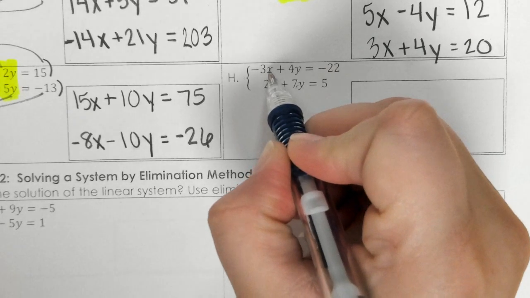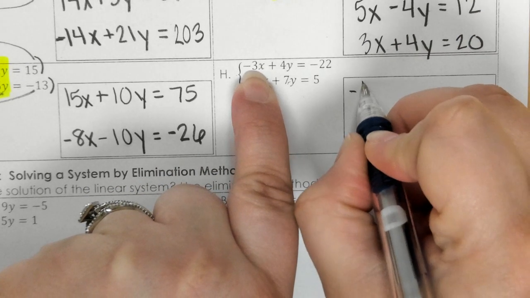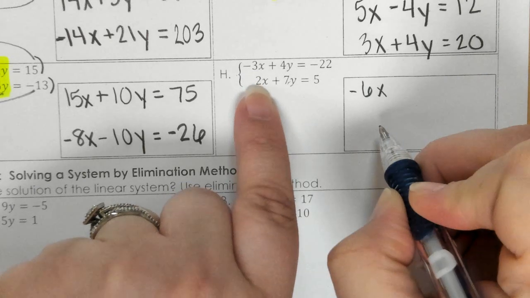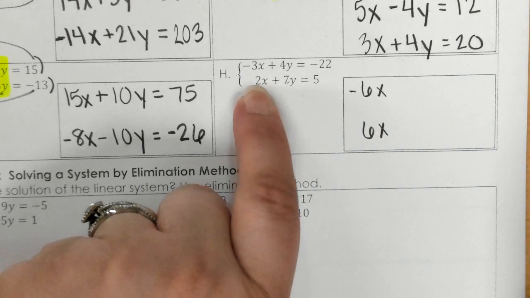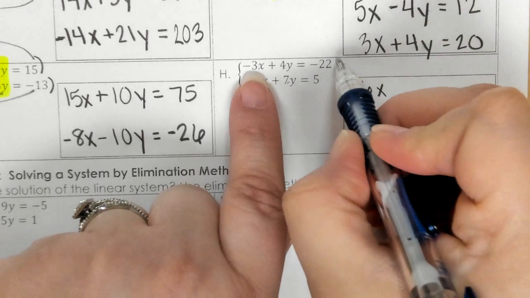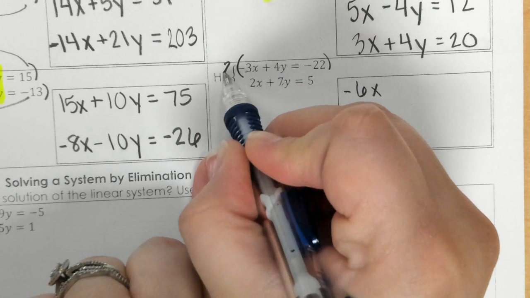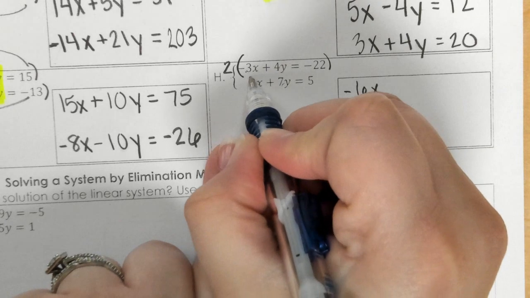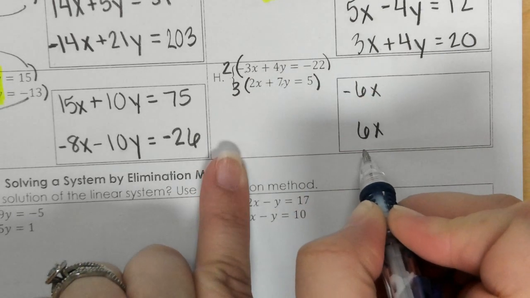So if I want to make this negative 3x a negative 6x and the 2x a 6x, what do I need to multiply to make the negative 6 and the positive 6? So at the top, negative 3 times 2 is negative 6. And at the bottom one, 3 times 2 makes positive 6.